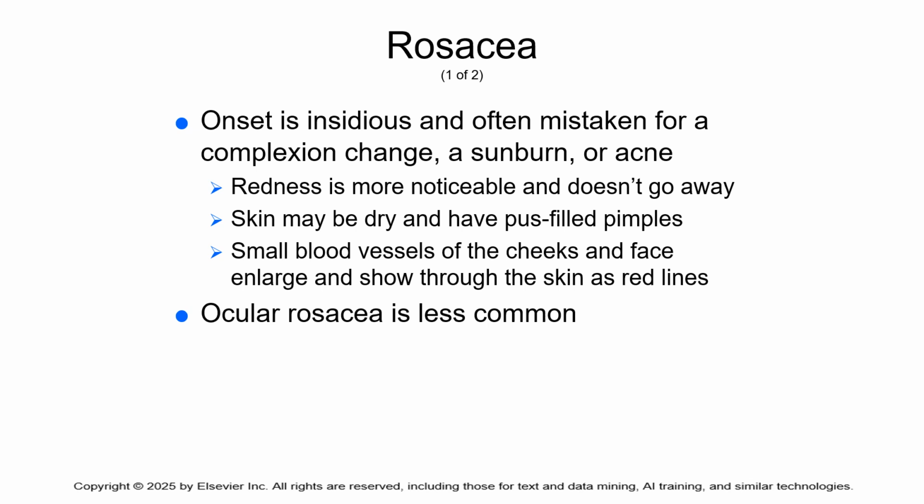The blood vessels on the face enlarge and show through the skin as red lines, so they look like they have little red cracks there. And then, of course, ocular rosacea, where it gets in the eyes, is not nearly as common. I've known a few people who've had this, and it is a chronic problem, but they will have phases where they are better and phases where it flares up.